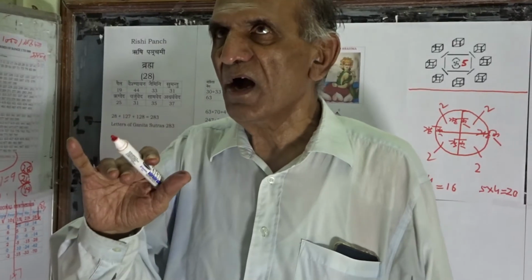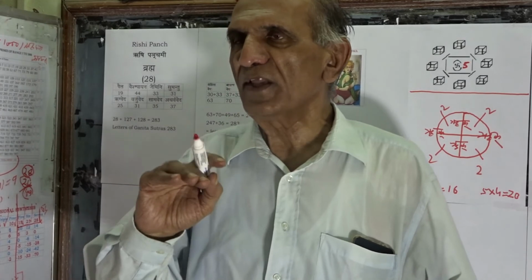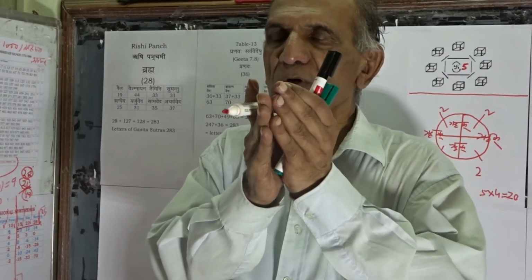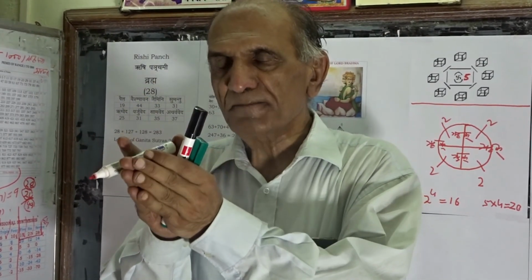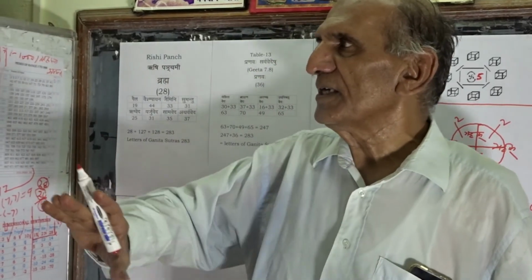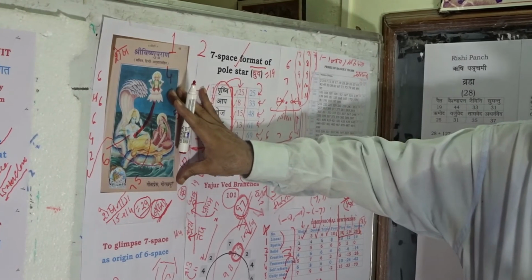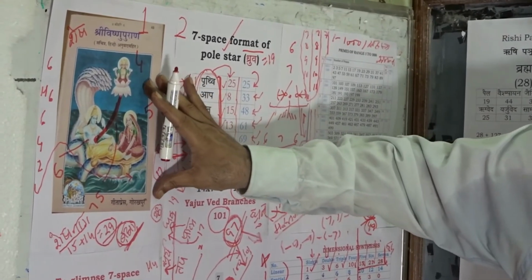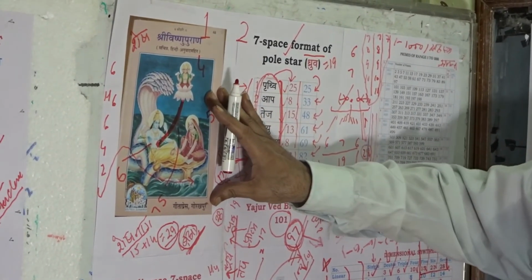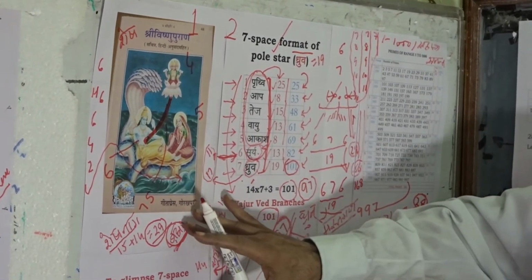Once we are face to face with these 4 distinct steps, the first step is to glimpse 7 space as origin of a 6 space, with hypercube 6 as its manifestation layer, with 7 space in the role of origin.